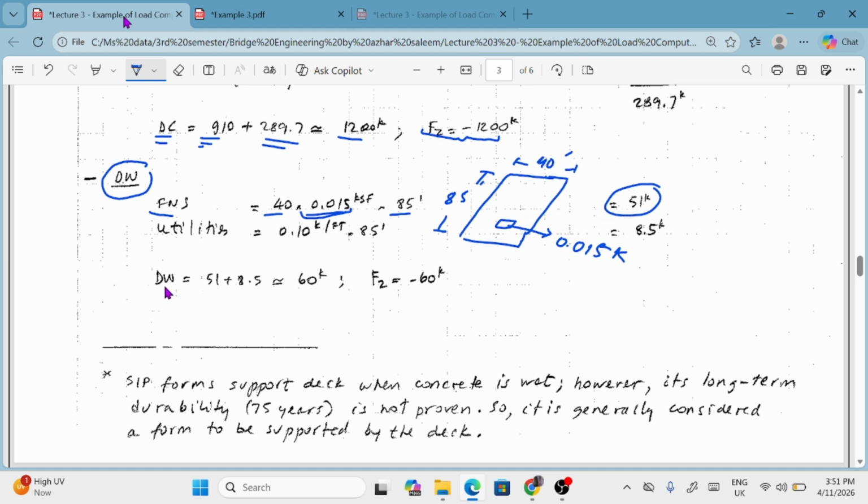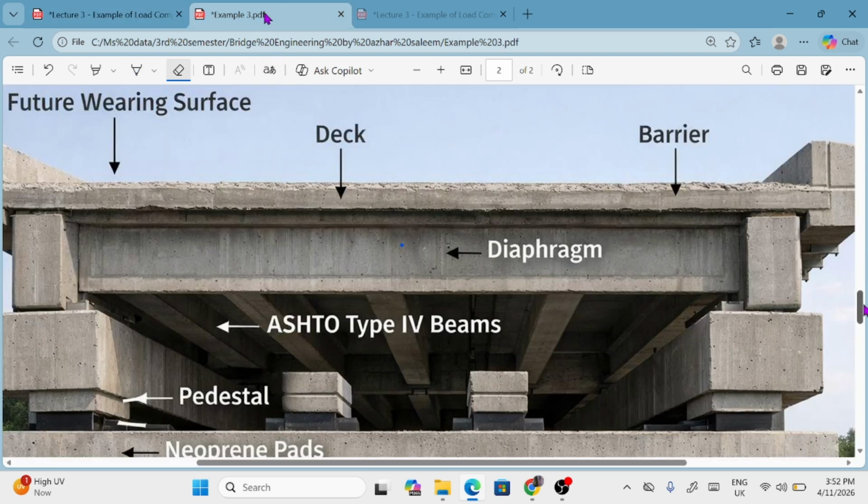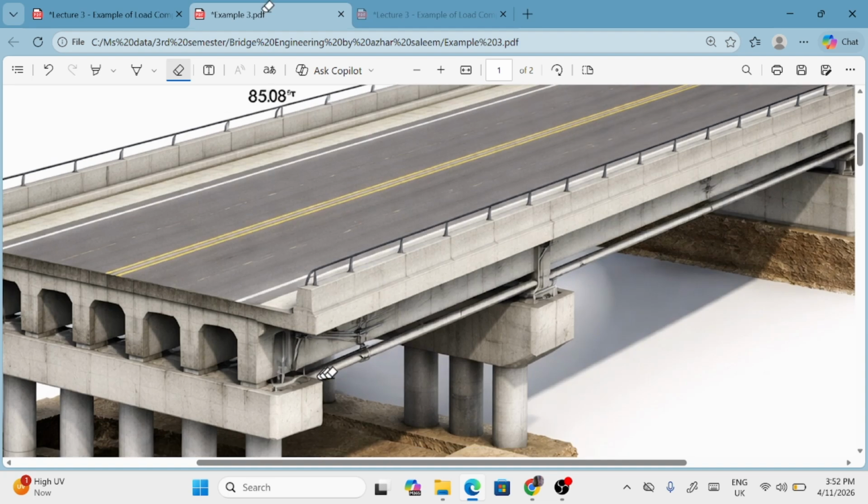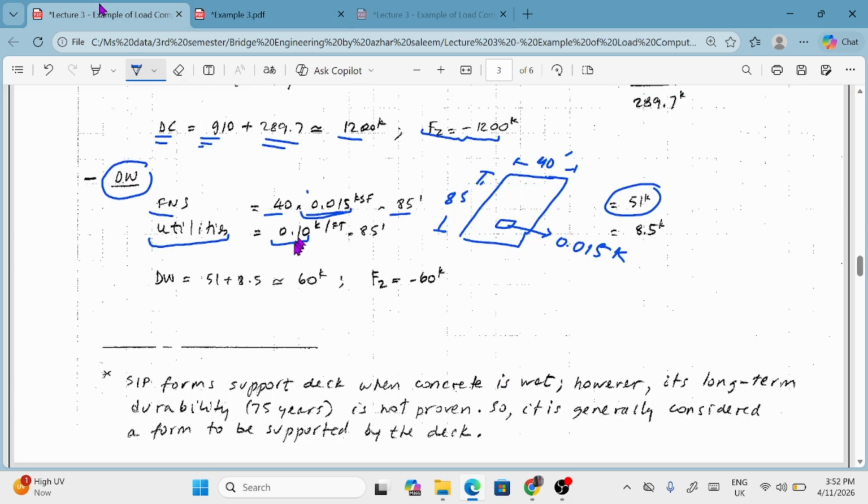The second type of load is utilities, which are pipes, etc. These utilities are the load of utilities, and the weight per foot is 0.10 kip per foot. One foot has 0.10 load, and the total tributary length is 85 feet. So the load from the utilities on the base of the pier is 8.5 kip.